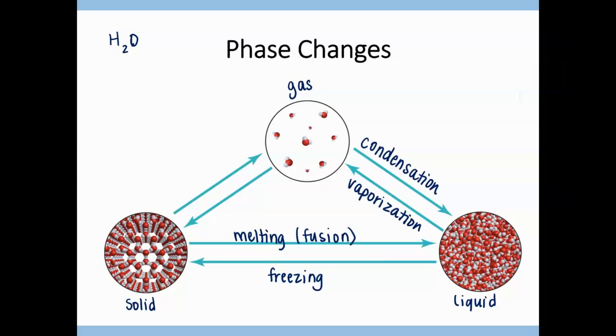When you get condensation on the outside of your windows in the winter or the summer, it's gas particles condensing on the window as they cool down. Solid to gas is sublimation. And then gas to solid is deposition.